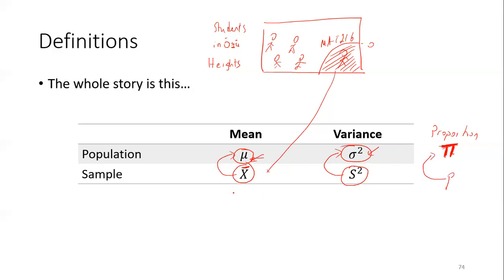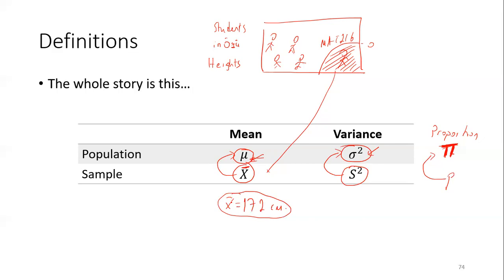For example, if we look at the heights of the students in this class, and if it turns out that x bar is equal to, I'm just making up, 172 centimeters, then we can say two things. First, if you have to use a number instead of mu, that's the number you can use for mu.